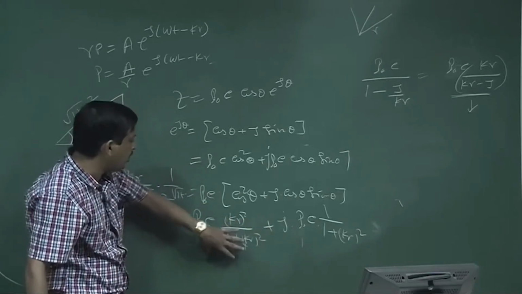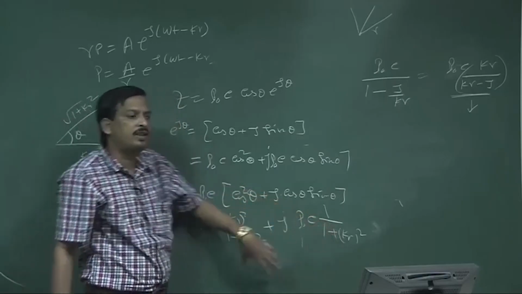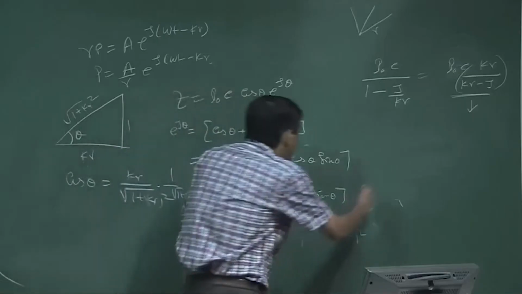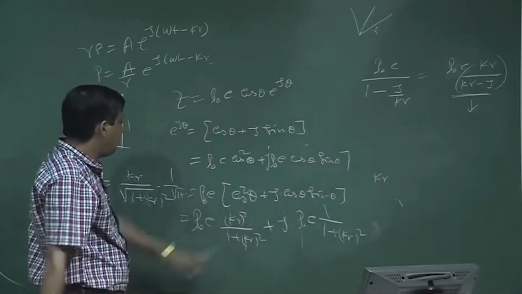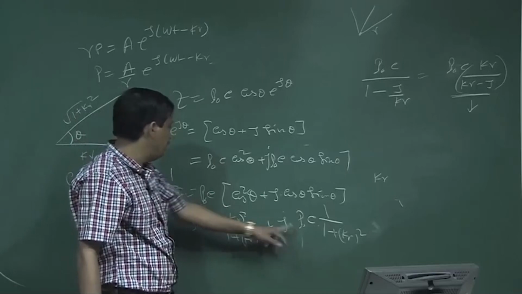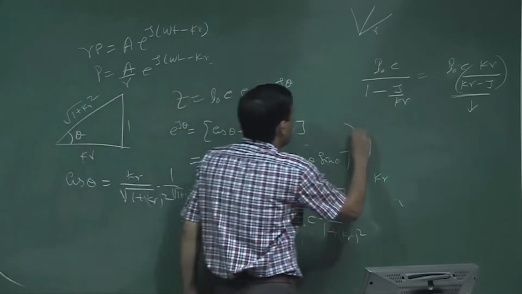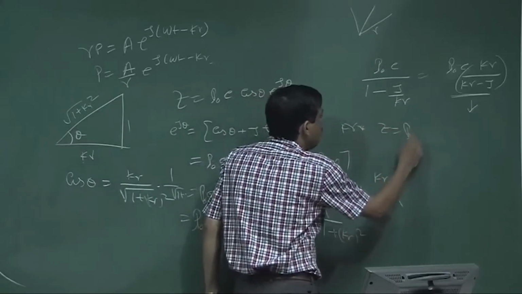It is called acoustic resistance and acoustic reactance. For a large value of kr, this term is 0 and this term is 1. So at very large kr, Z is nothing but rho 0 c.